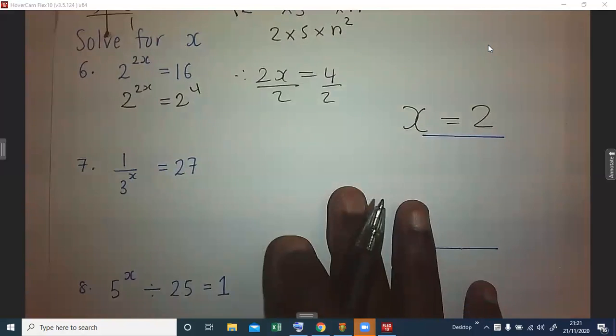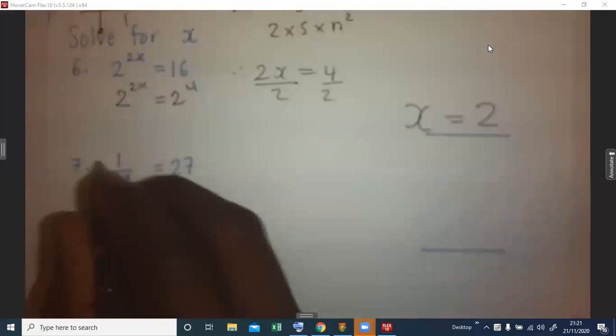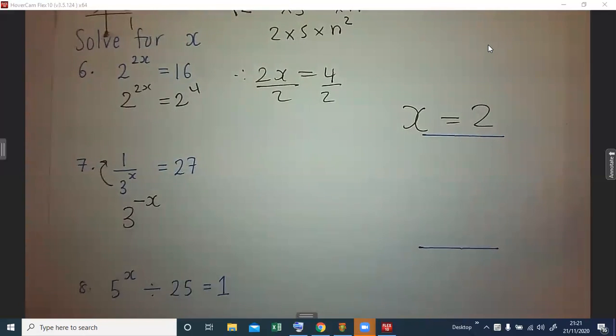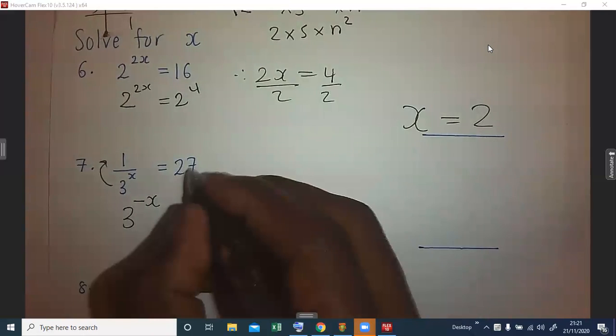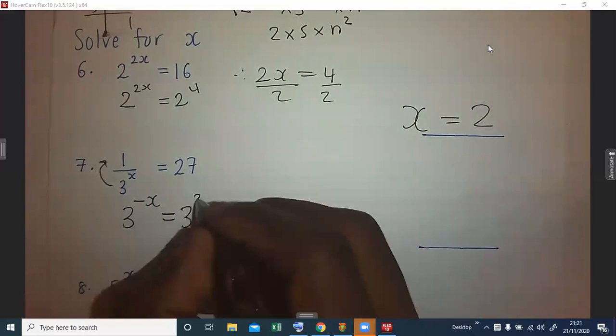In the same way, here, this is the denominator. I change it to become numerator, I'll get power negative x, because the law has told us if you want to put something from denominator to a numerator, the power will change sign. And in this case, our power was positive x, but when I take it to the numerator, it will become negative x. 27, I change it to base 3, and it will be 3 power 3.